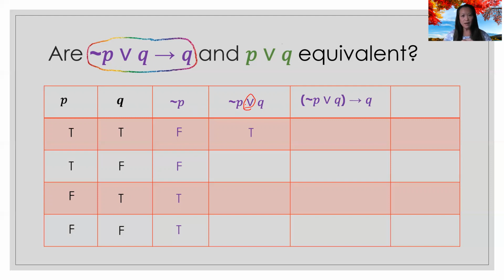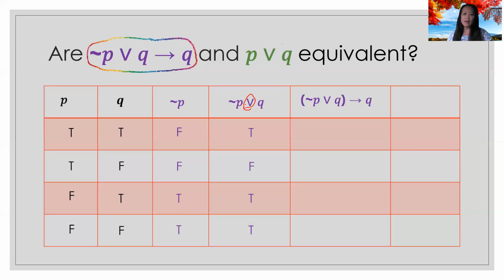Remember, it's an inclusive or. So either one is true or both are true, okay? So we would look at the third and the second column. False or true is true. False or false is false. True or true is true. And then true or false is true.